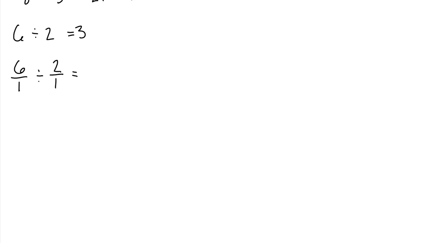Whenever we are dividing by a fraction, what we want to do is flip the second fraction and multiply. You'll hear flip and multiply. The first fraction we're just going to rewrite. Okay, first fraction just gets rewritten, 6 over 1. We change this division to multiplication, and we're going to flip this fraction upside down. This is called the reciprocal of 2.